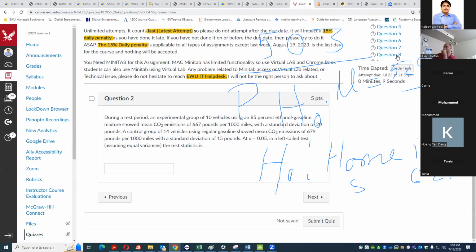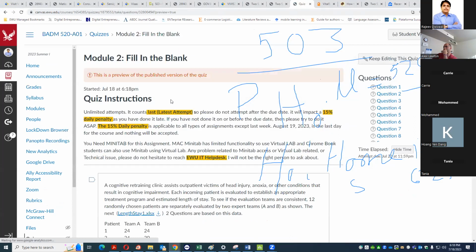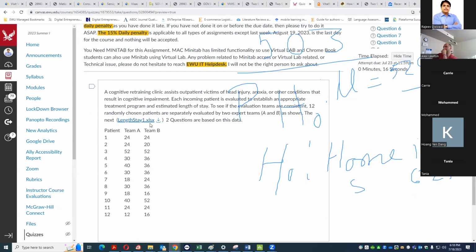Many questions are related to here. This is the data which you can download right here and directly put into Minitab. Similarly, other questions will have the data right here that you can directly download and put into Minitab.